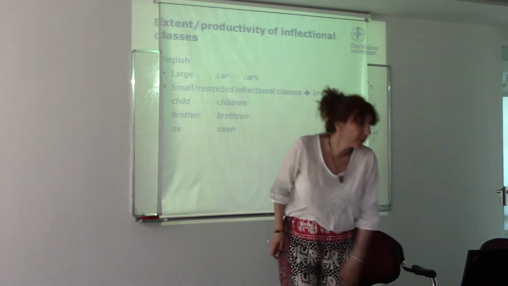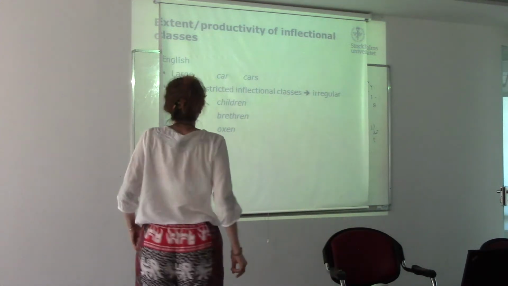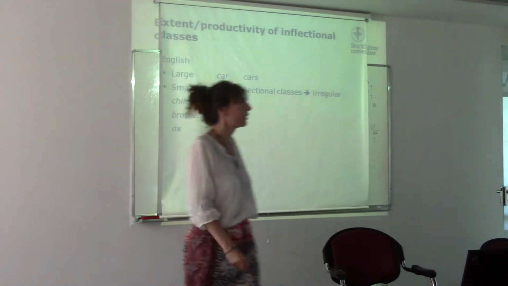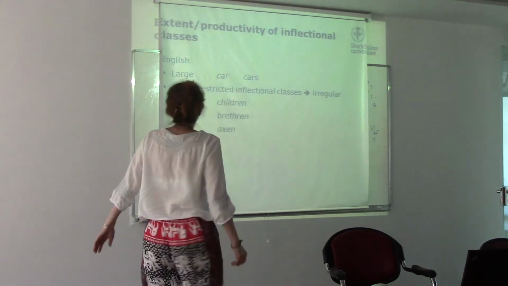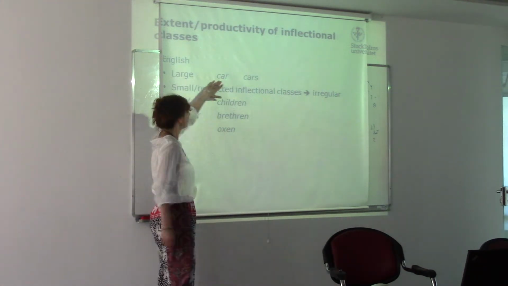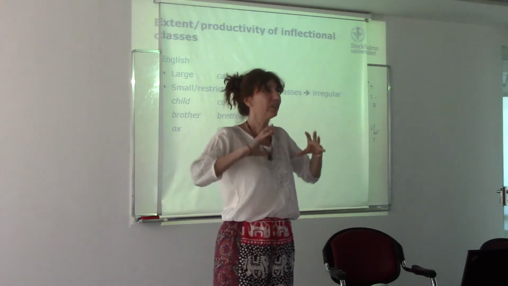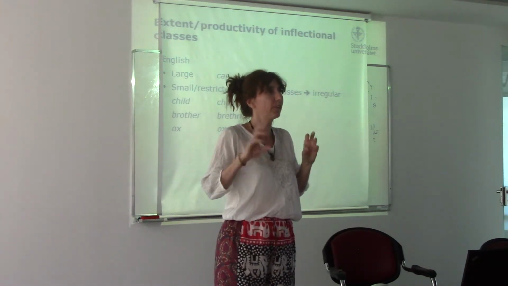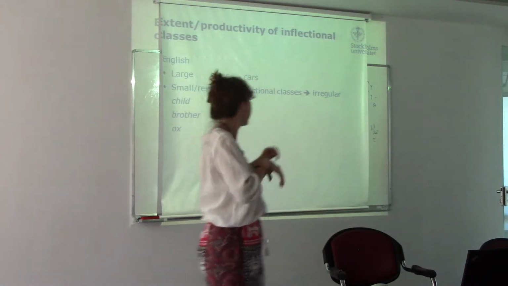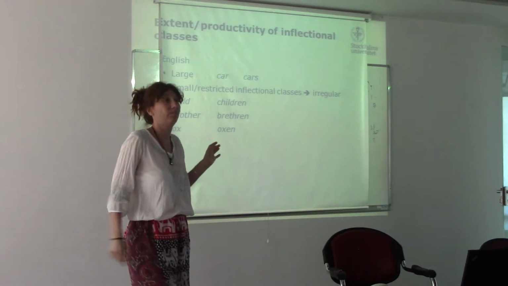Okay, so inflectional classes in English, easy. There are none, pretty much. But there are large ones. So if we look at nouns, most nouns form their plural by adding a suffix. That's it.